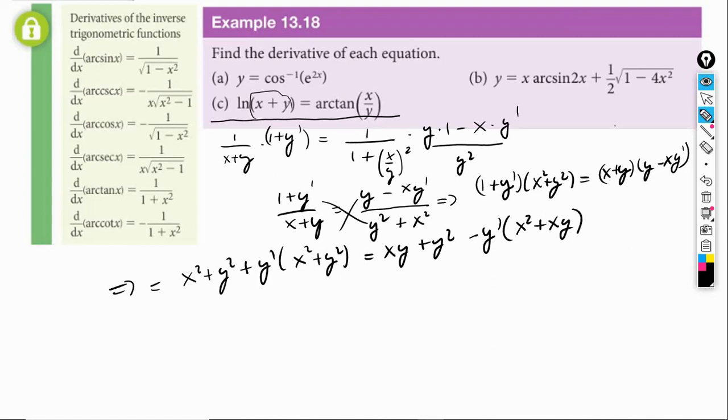Okay, and the reason I'm not expanding this or this is that I would have to factor it out anyway.